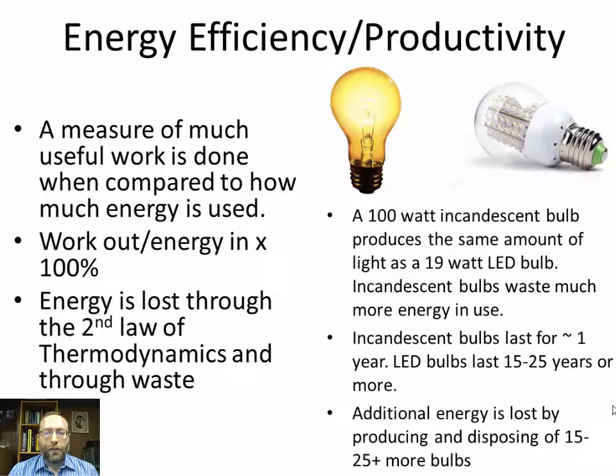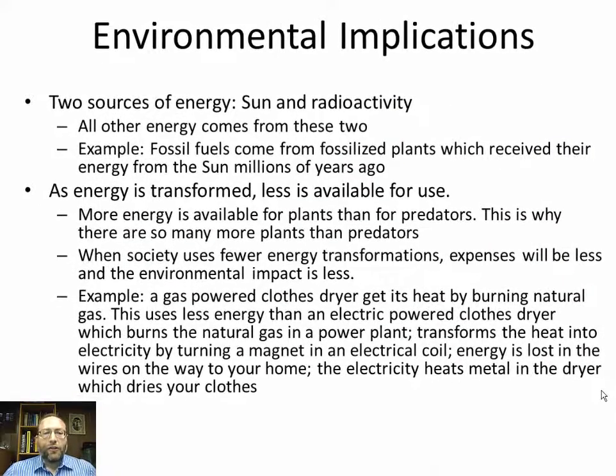We'll see these things as we go on through the year. Environmental implications of these laws. There are basically two sources of energy here on this planet. There's the sun and the radioactivity of radioactive elements in the inside of the earth. All other energy comes from these two. An example of that is the fossil fuels: oil, natural gas, coal.